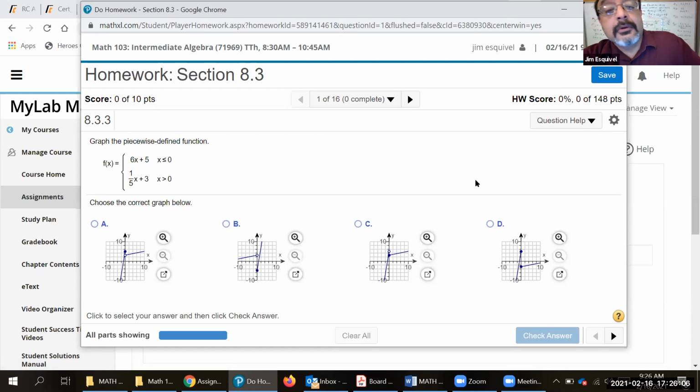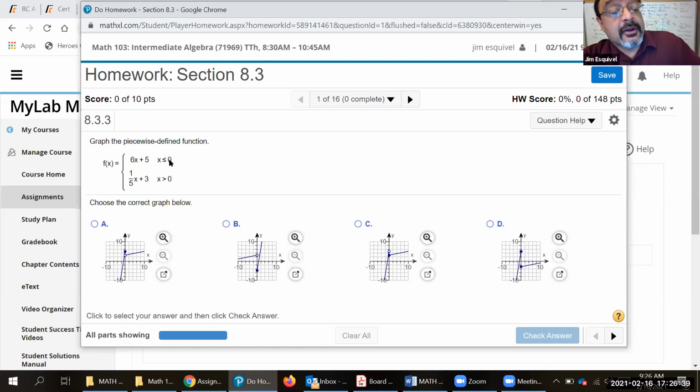I was looking at the examples and saw all you have to do is plug in the numbers. I just don't understand that last part, the x is greater than or equal to 0. Well, in a piecewise function, you see how it has two equations up here, f of x equals, and then you have two pieces, first piece, second piece. So f of x is equal to 6x plus 5 if you plug in x's that are less than or equal to 0.